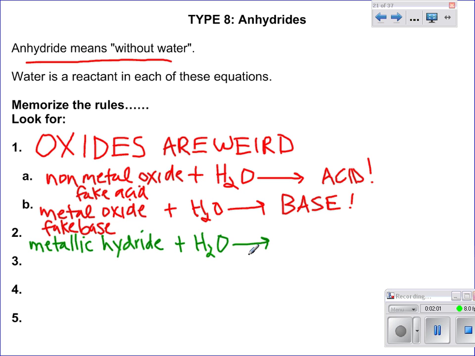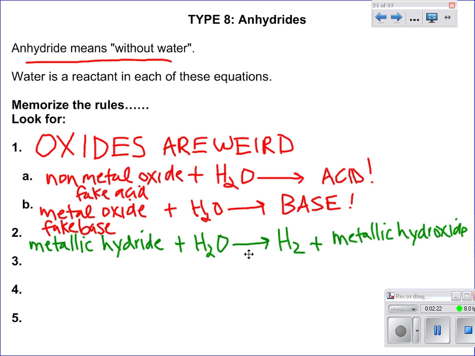What were those products that I wanted you guys to know? H2 and a base, which was always metallic hydroxide. So again, something you already know, but now just know that if it's a hydride or just the metal added to water, you'll get the same products.